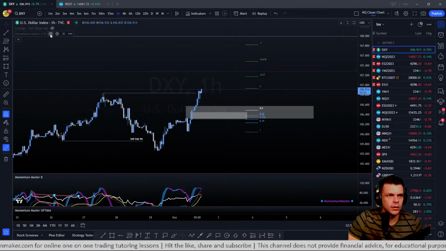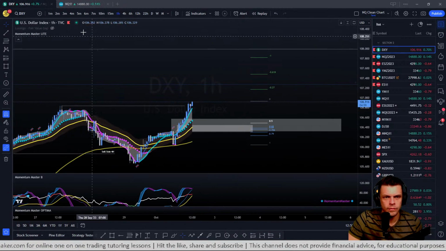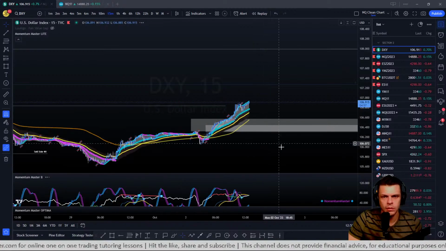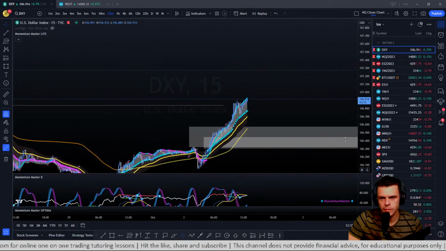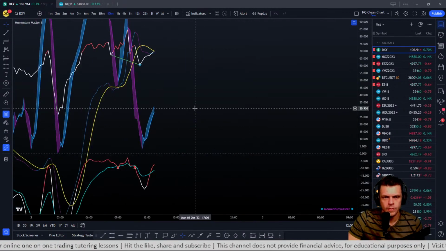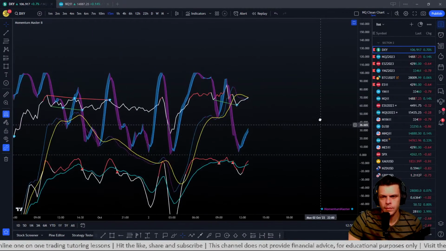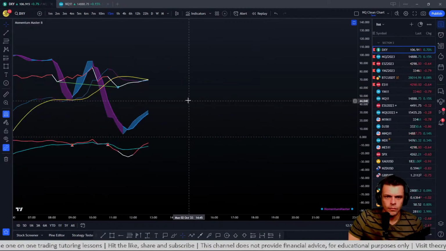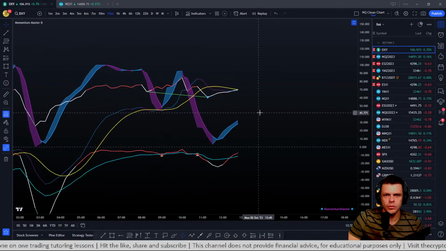Quickly have a look at the momentum master light. So look at the 15 minute. Okay, so the 15 minute looks like it's rolling over.